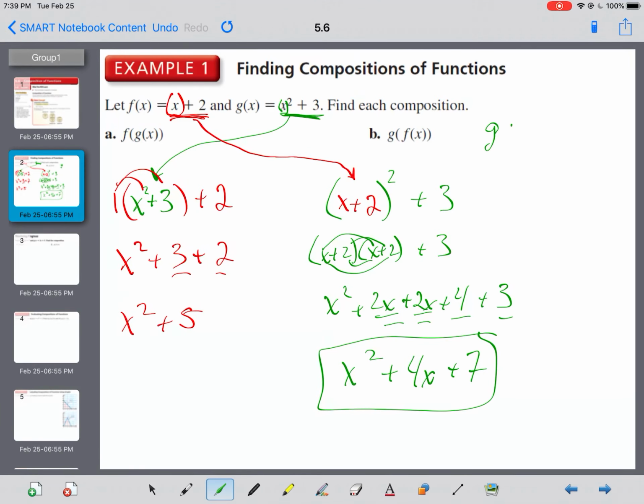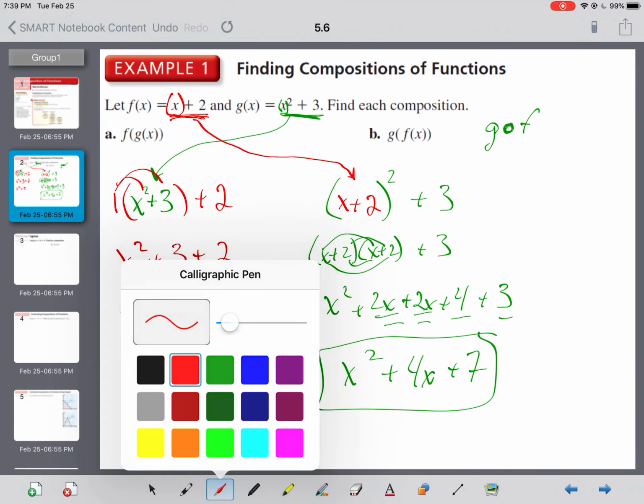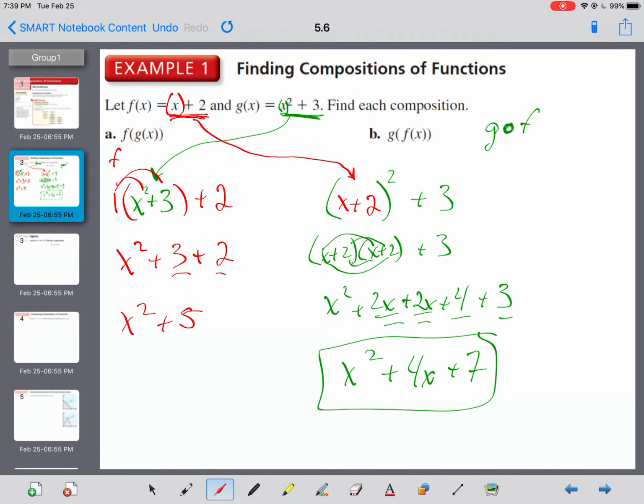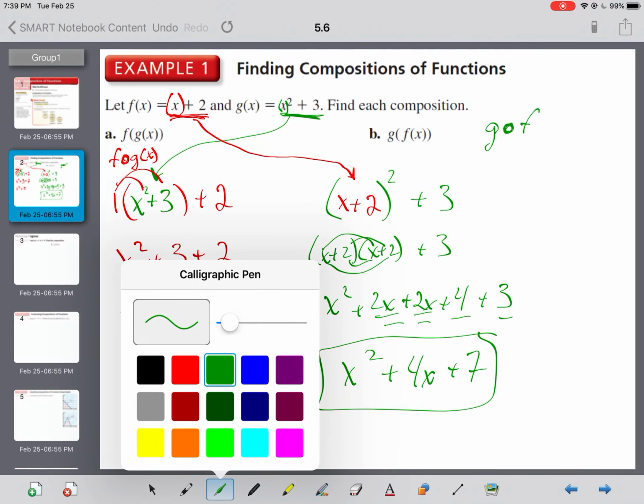You might see this as g o f, where this is not like an O, it's like a circle, like a degree circle. Or over here, it might have been f of g of x. And then you have this, right?